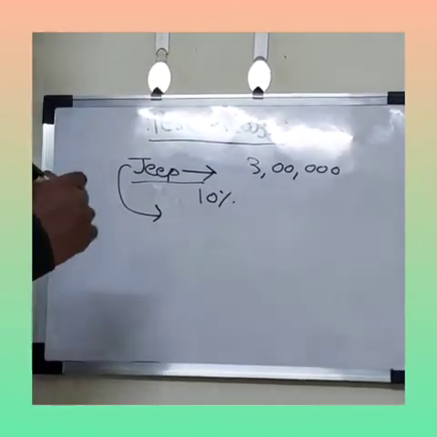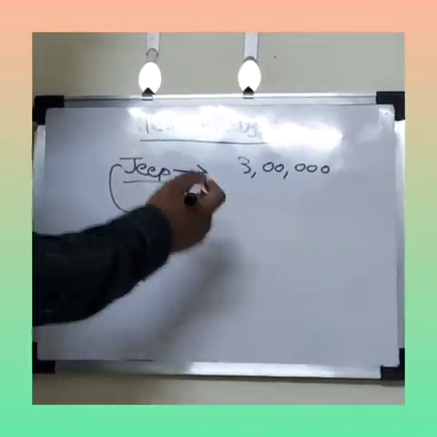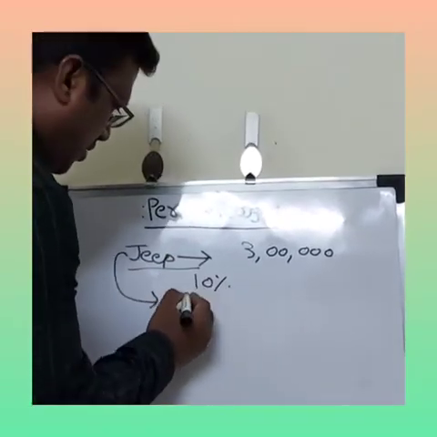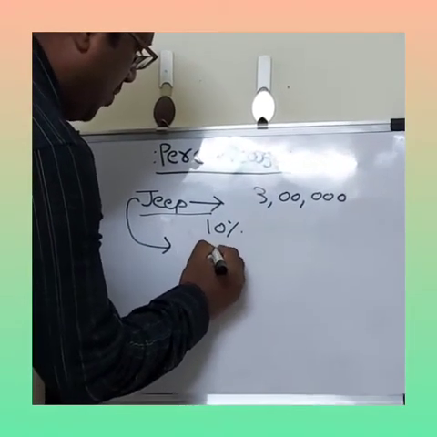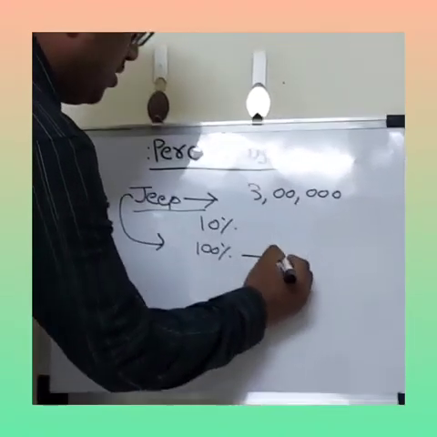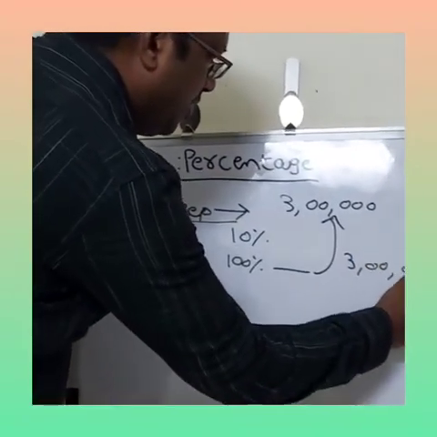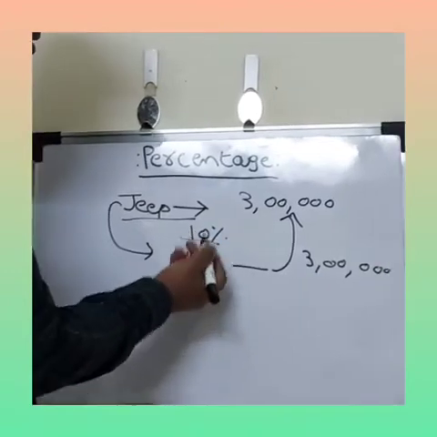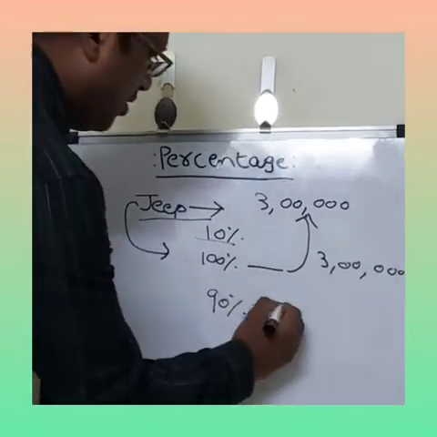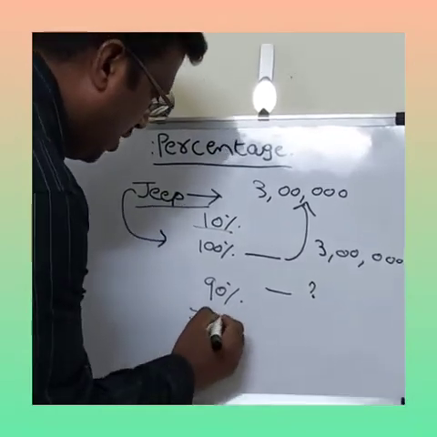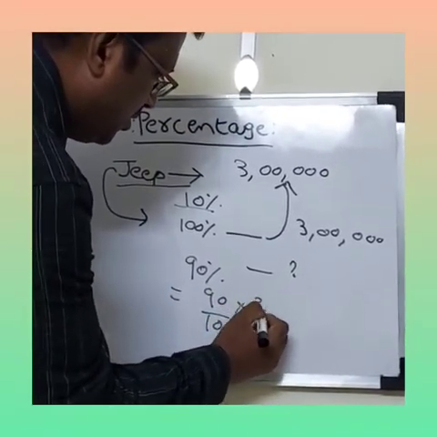You can solve this problem in two ways. The simple method: the actual price, 3 lakhs, is 100%. Since 10% is reduced, the new price is 90% of this. So 90 by 100 into 3 lakhs.